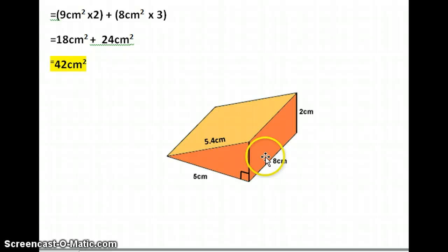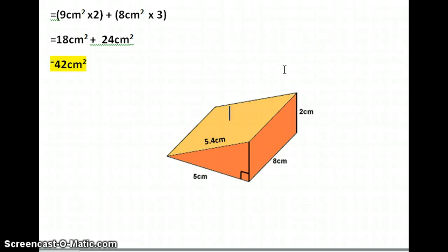All 3 are slightly different. Look at the width: they're all going to be 8 centimeters. And the lengths are 5.4 here and here, and this one is 5 centimeters. So there are 3 different rectangles that you're going to have to find the areas of, and then you just add them up: the area of this triangle, the area of the triangle behind, and the areas of these 3 rectangles. So please give that a try.